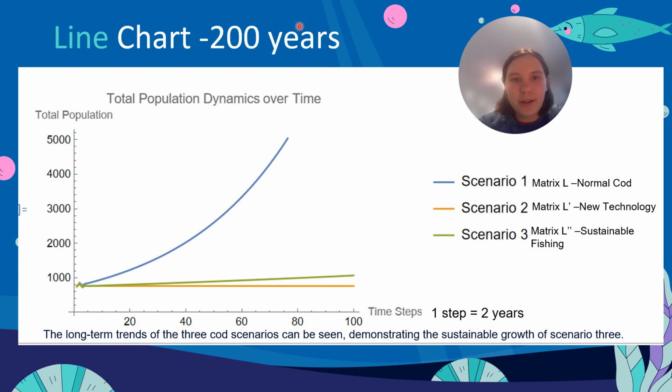And the blue line showing the normal cod population shows the exponential growth I was also discussing. My green line scenario, that is scenario 3, with the L prime prime matrix, allows both scenarios to have the best of each and allows some growth while also fishing and having a sustainable level.